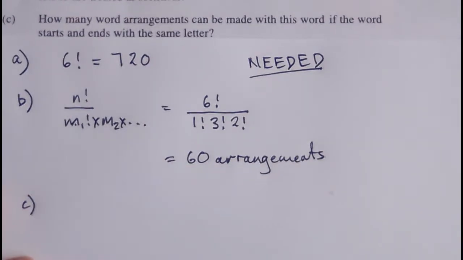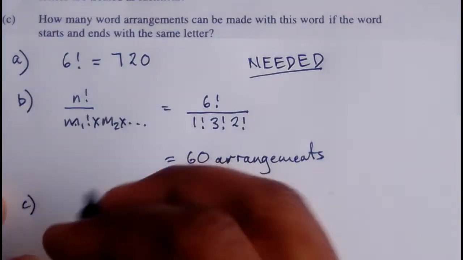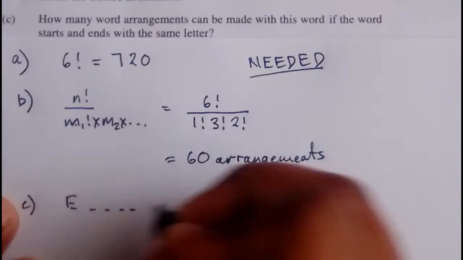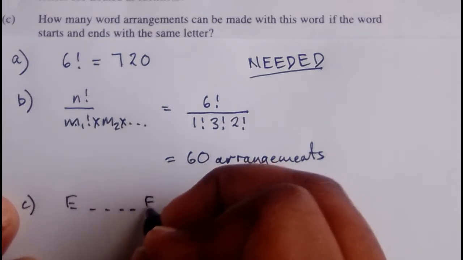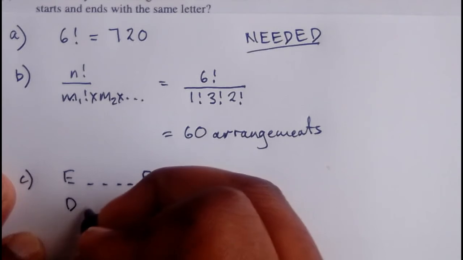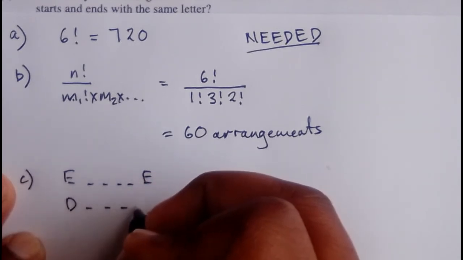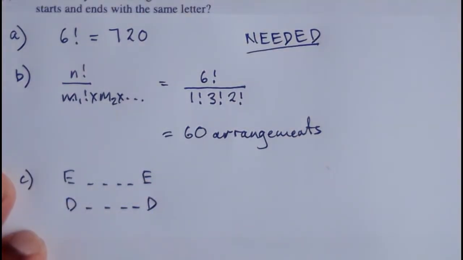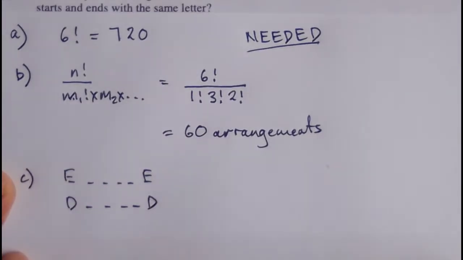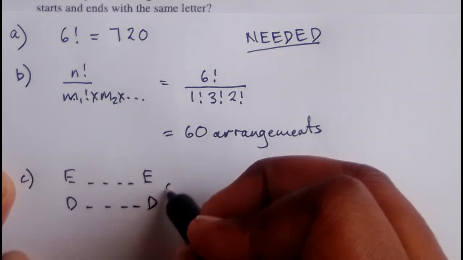There are two possible scenarios. Either it starts with an E, then we have 1, 2, 3, 4, and ends with an E. The other scenario is where it starts with a D and ends with a D. Let's see how many arrangements we can get with each scenario. So it's this or that.